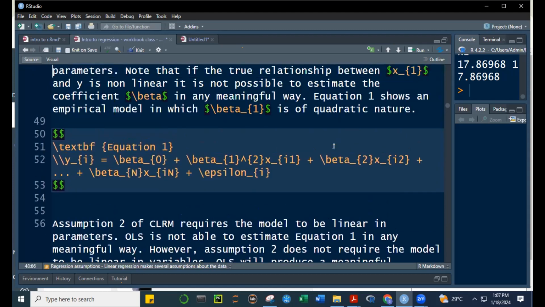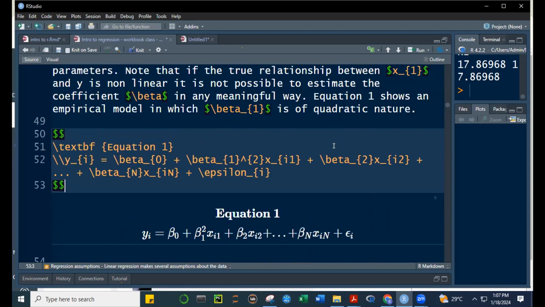Saan yan? Ito. Okay. So if you take a look at this, equation 1, lalabas yung equation 1, no? And then this double forward slash means that it will start on the next line. Ito. So this is your y sub i.